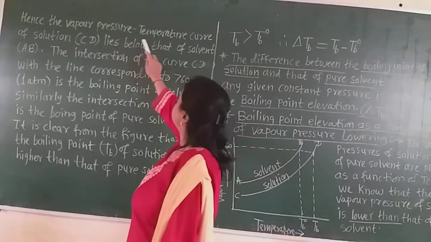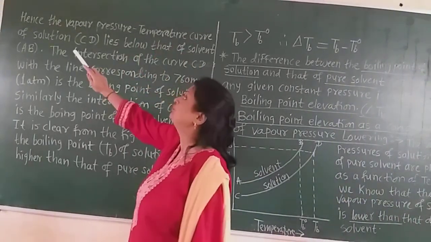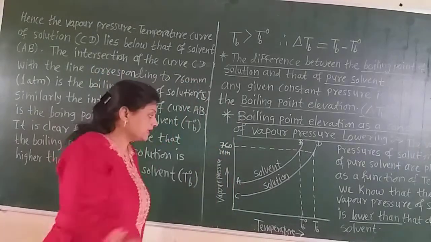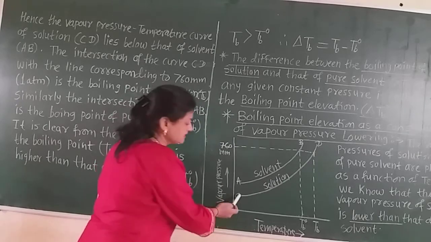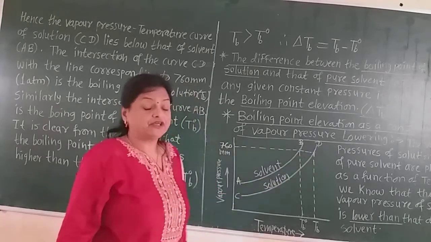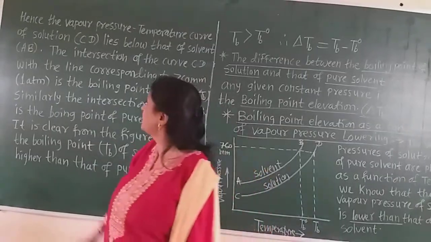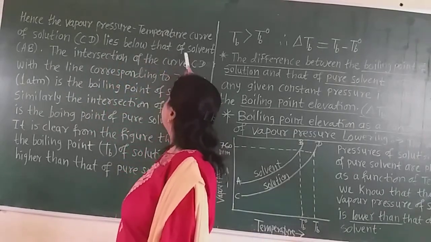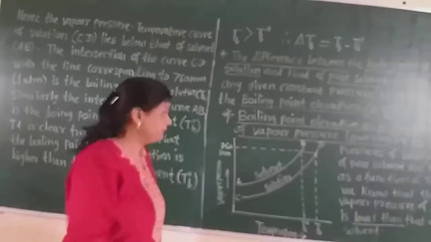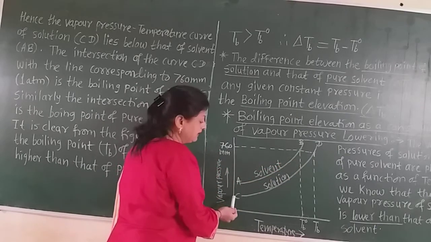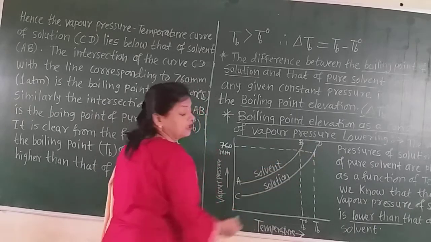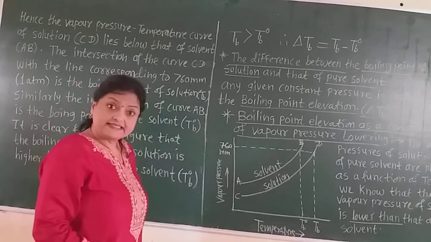the vapor pressure temperature curve of the solution, CD, lies below that of the solvent, AB. This is the vapor pressure temperature curve of the solvent AB, and this is the curve of the solution, CD.